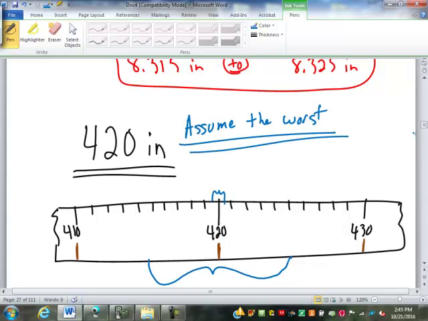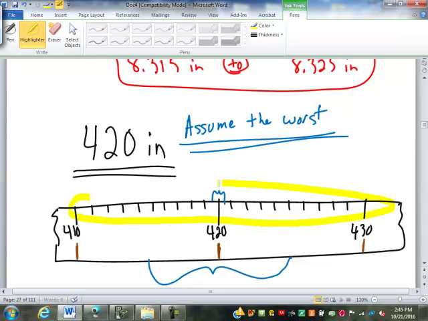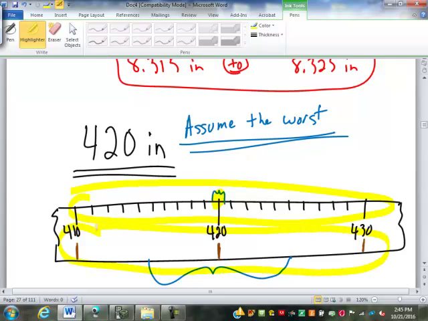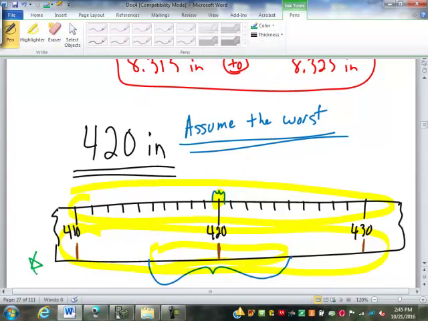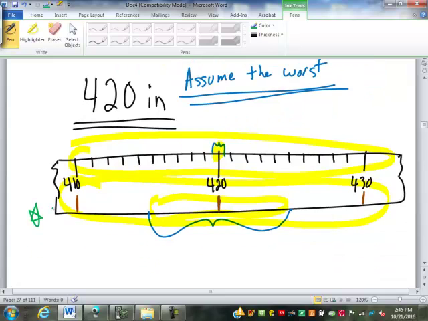So looking at our 420 inches, since there is nothing there that tells us which of these two possibilities it is, did we measure to the nearest inch and we're within a half inch of 420? Or did we measure on a device that goes to the nearest 10 inches and we're within 5 inches of 420? Since we can't distinguish between them, we assume the worst, which would be this second case, where we really were only able to measure to the nearest 10 inches, and we're closest to 420.